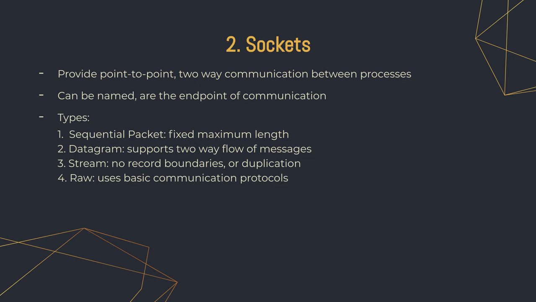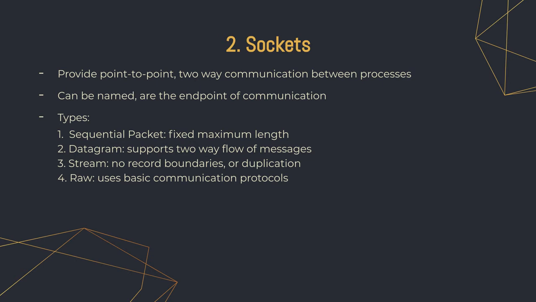First being sequential packet socket. It provides a reliable connection for datagrams whose maximum length is fixed, and it is two-way as well as sequenced. Then you have the datagram sockets, in which the receiver may receive the messages in a different order than which they were sent. You can sort of imagine a datagram socket similar to sending mail from one location to another location.